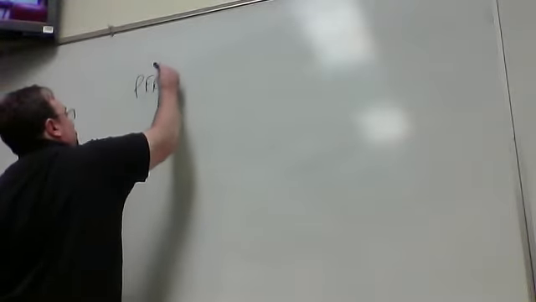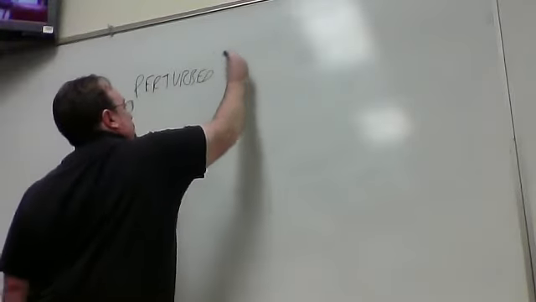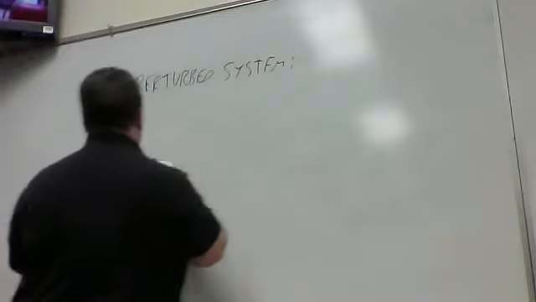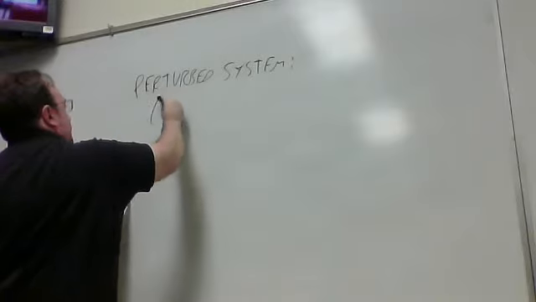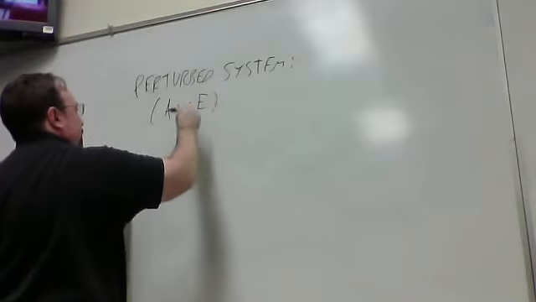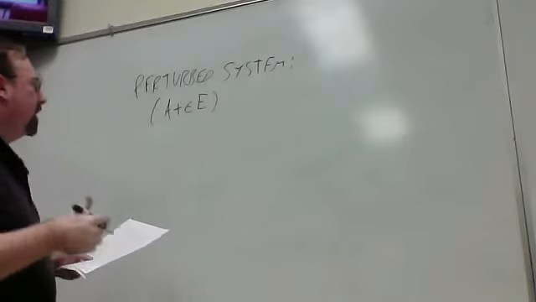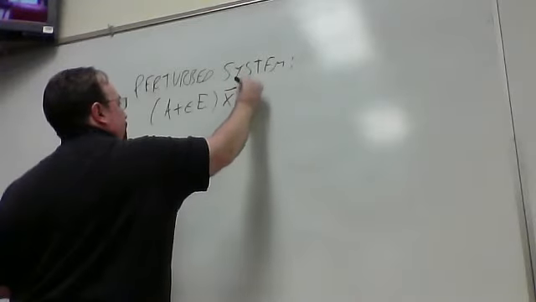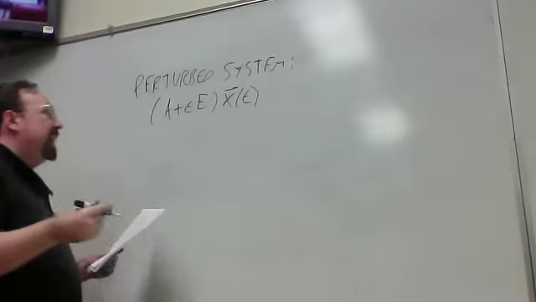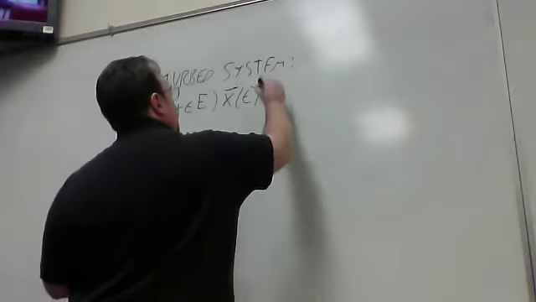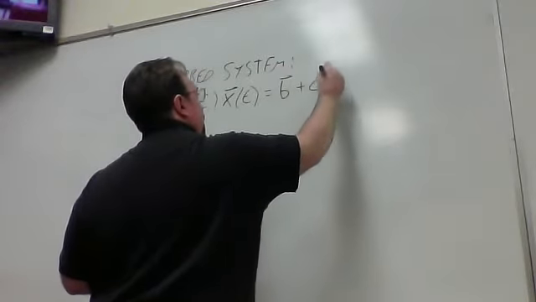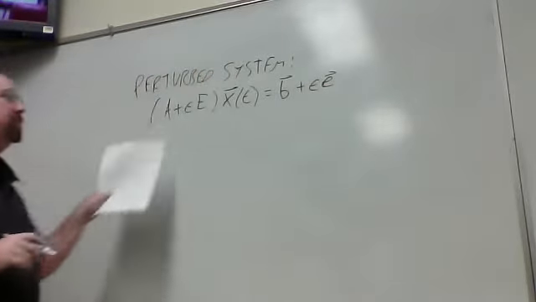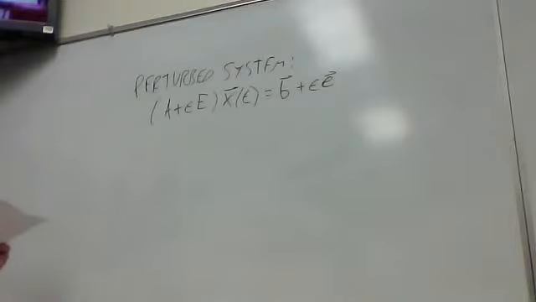So our perturbed system has A plus epsilon E, where E is some matrix that's used to represent a change in A. And because the system is changing, the solution is changing, so we'll make the solution x a function of epsilon. And the right-hand side will be perturbed as well. So epsilon is used to account for both changes.